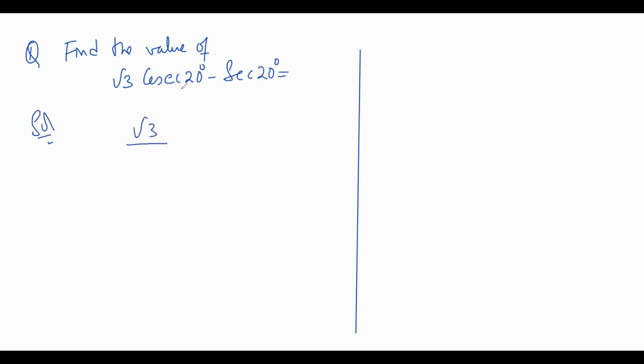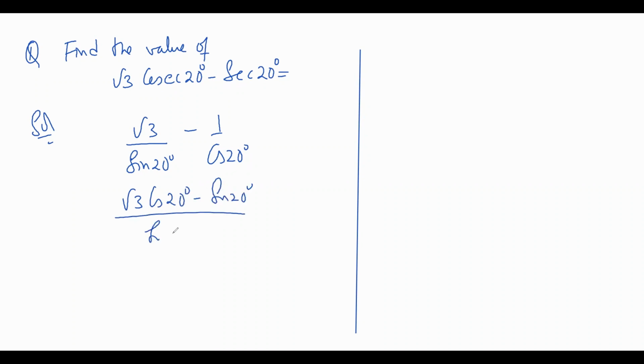This is reciprocal, because sec is 1 upon cos 20 and cosec is 1 upon sine 20, and when you take the LCM, this comes out to be root 3 cos 20 minus sine 20 upon sine 20 into cos 20. Now we get an expression of this type, where the coefficient of cos is root 3 and the coefficient of sine is minus 1. So as I already told you, you have to divide the numerator by 2 and the denominator by 2, or you can multiply and divide the numerator by 2. So that comes out to be this.